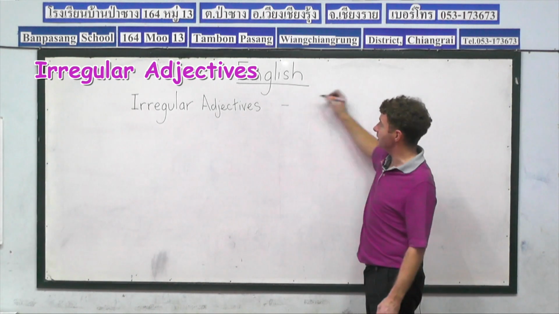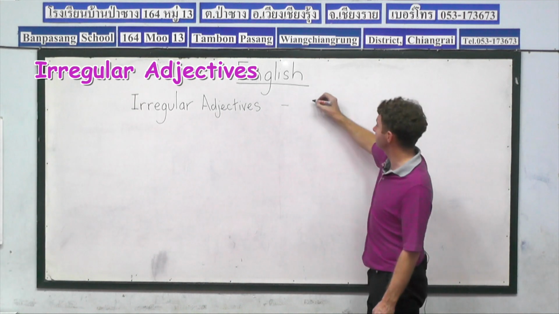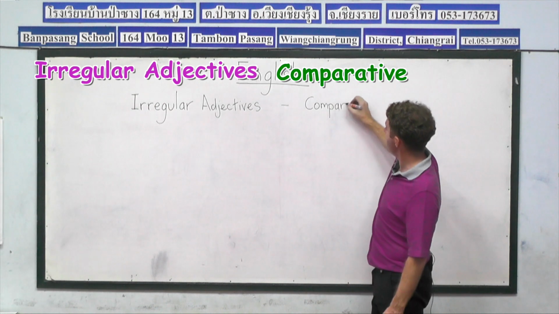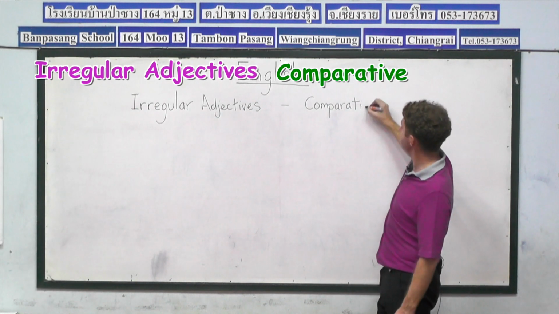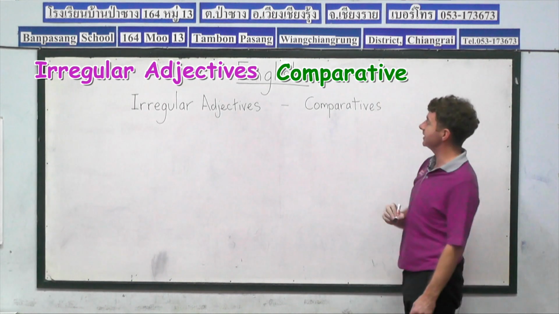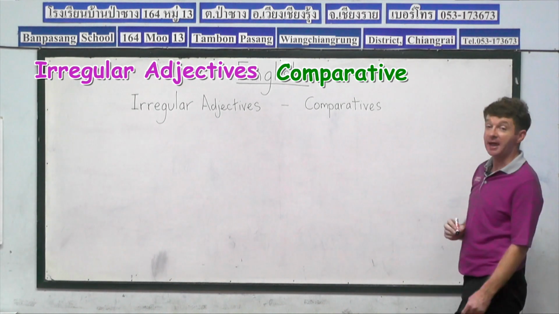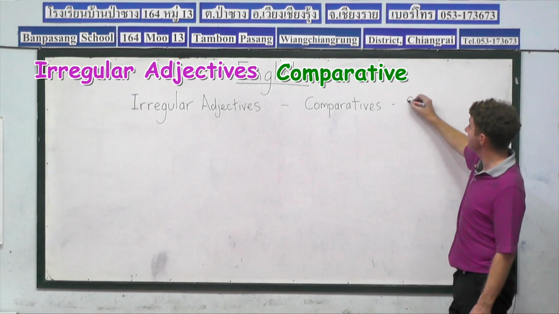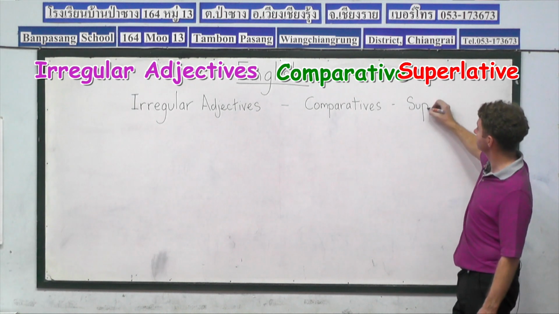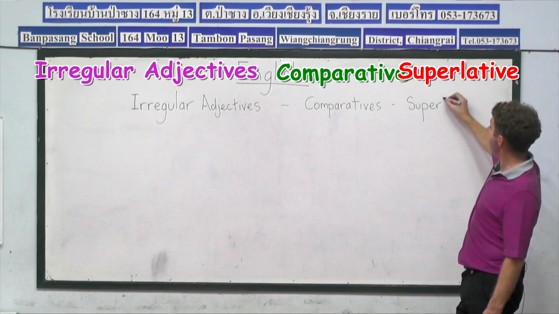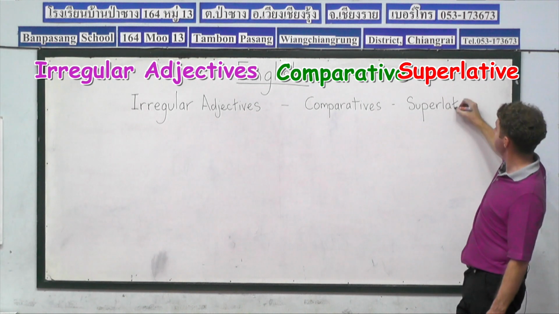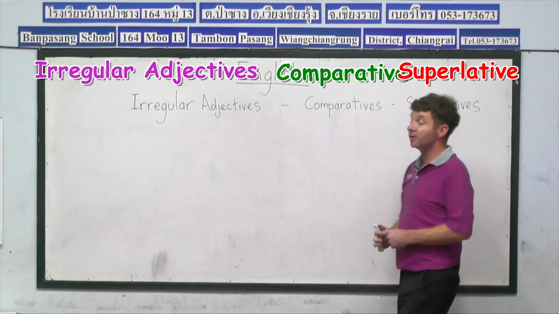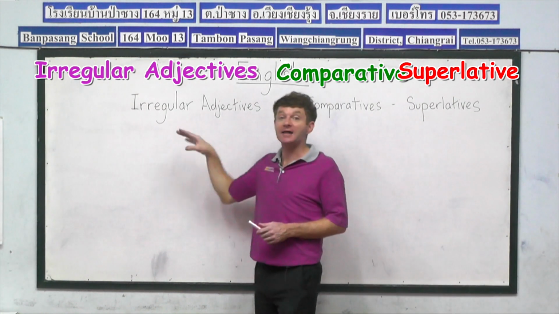And then we had our comparatives. C-O-M-P-A-R-A-T-I-V-E-S. And then when we go from comparative, we can go one step even further, superlatives. S-U-P-E-R-L-A-T-I-V-E-S. So we've got irregular adjectives.